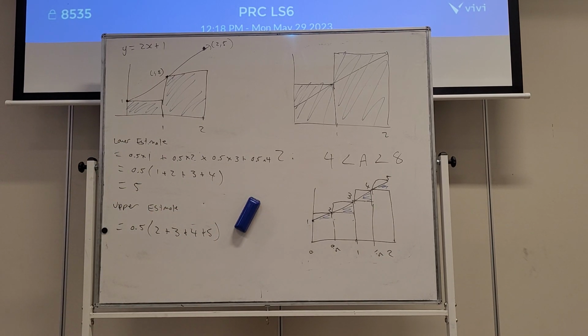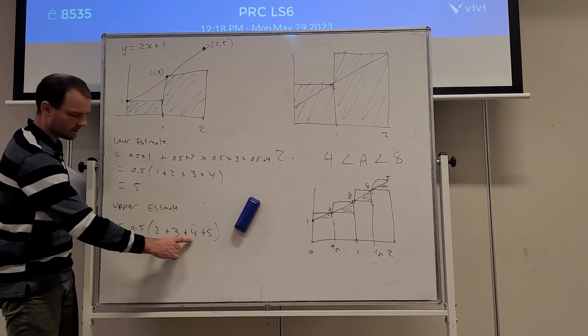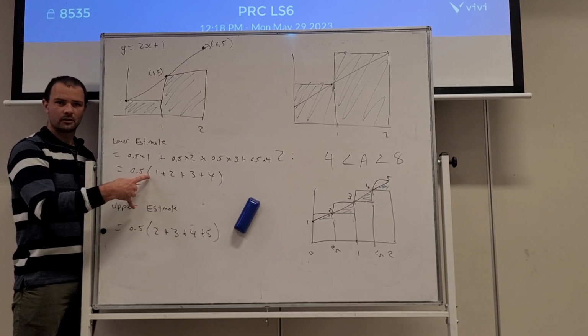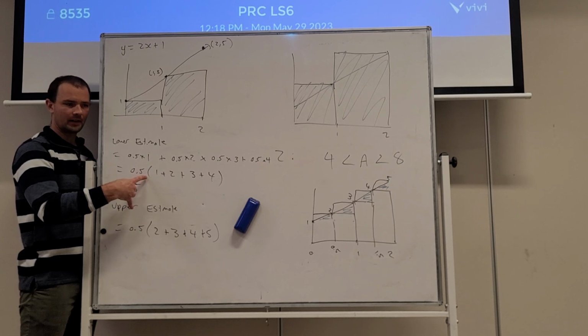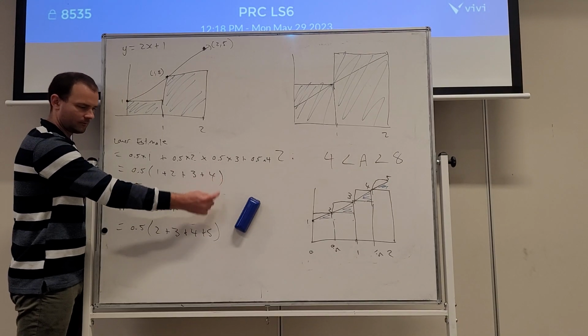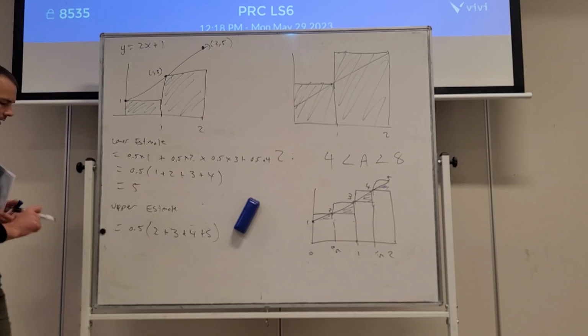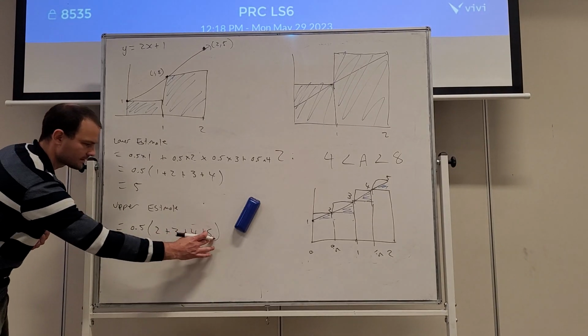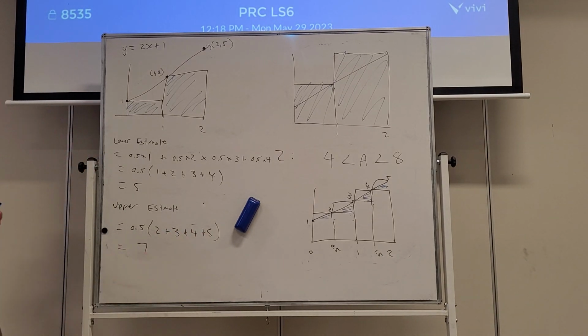And if you look at the difference between this calculation and this one, we've dropped the lowest y value on the left and we've added the highest y value on the right. Okay, that's the difference, isn't it? Let's evaluate that. 5, 10, 14, half of 14 is 7.